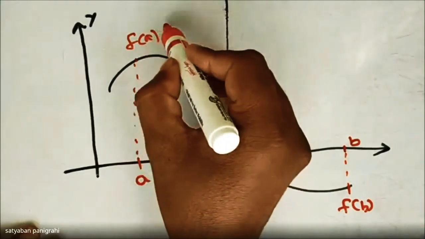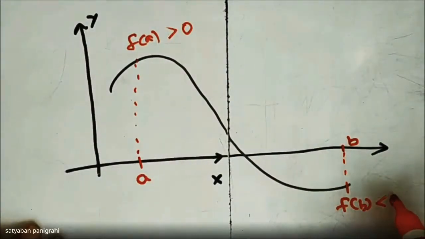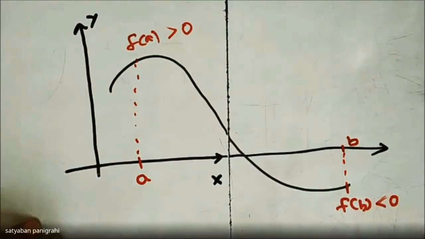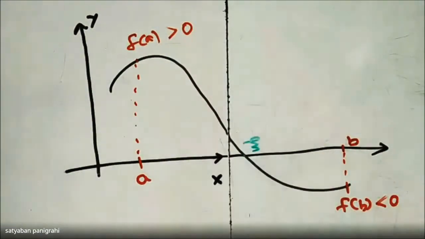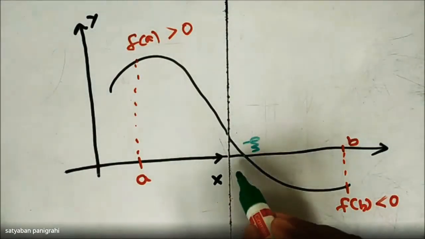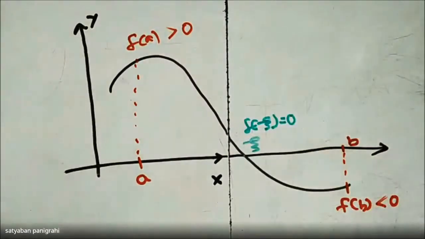As f(A) is positive and f(B) is negative, that is, f(A) and f(B) have opposite sign, then there exists at least one point j such that f of j equals 0.